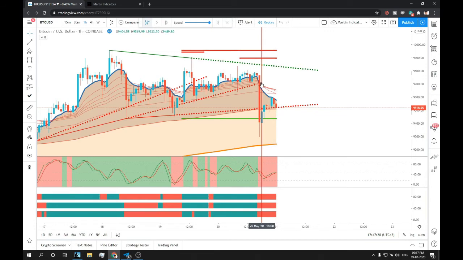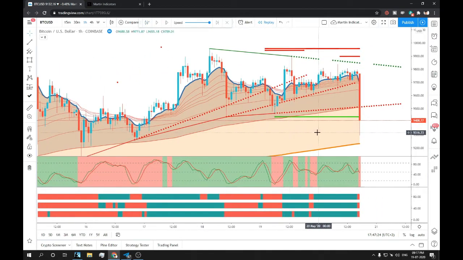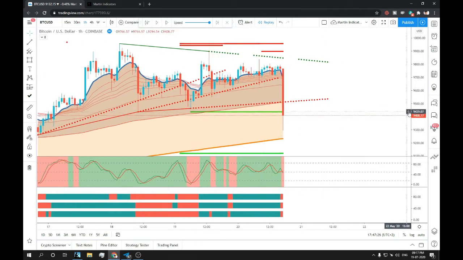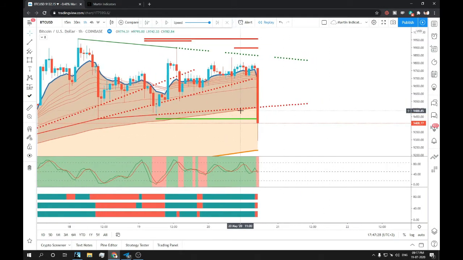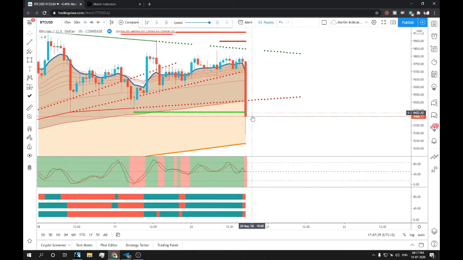After we've been stopped out, we have a short signal. So will you take this trade? No, because our stop loss is very far, around $400, but in this case we have broken all the supports. You can see all the support has been broken.